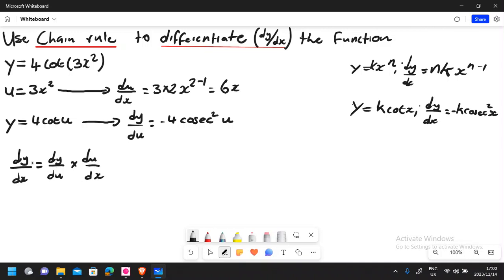So this is the formula that we use when we use the chain rule. Remember, always, guys, always.